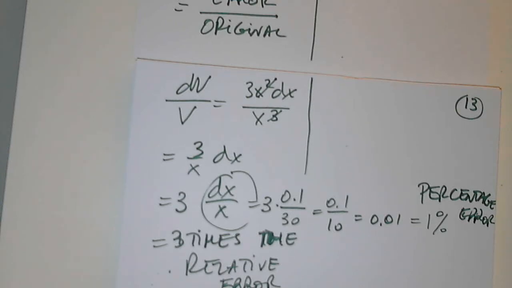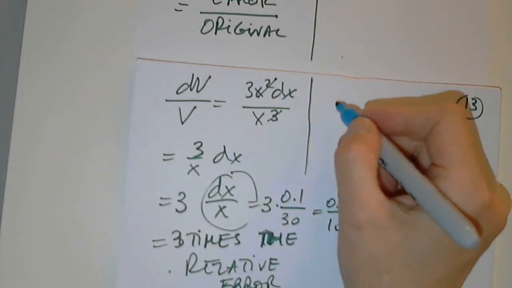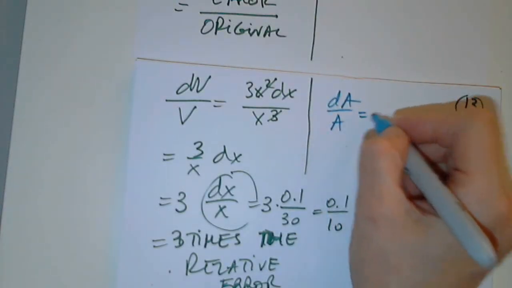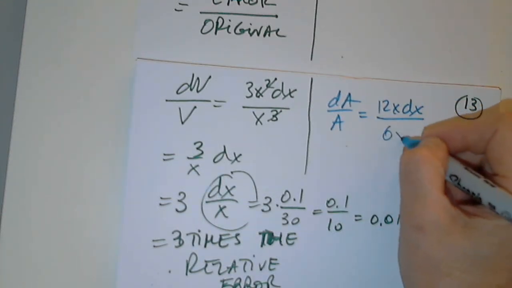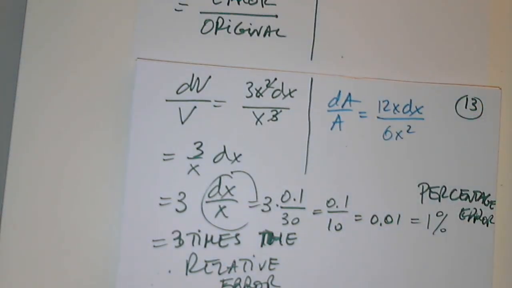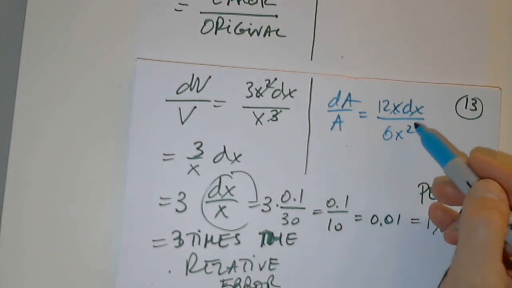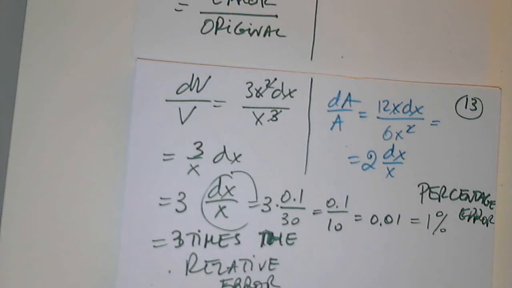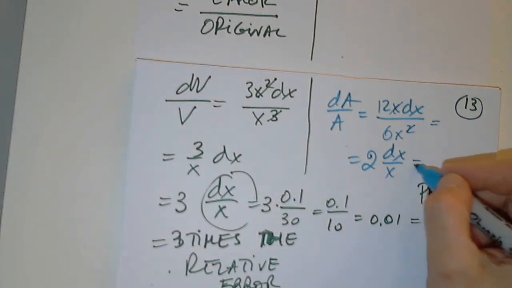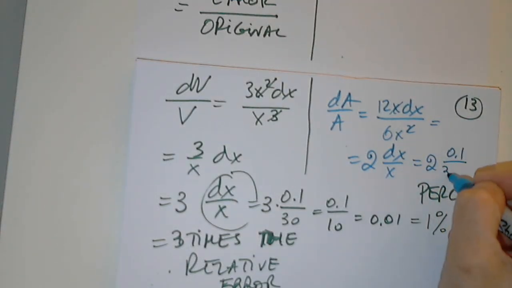Similarly for the other one, for the area, same thing. It's dA over A. It's 12x dx over 6x squared. I simplify in the same way, and this time this is twice the relative error in x. Plug in the same numbers. I have 2, I have 0.1, I have 30.